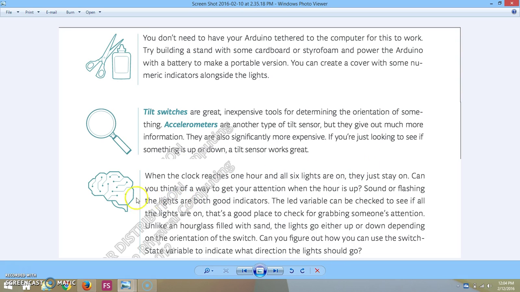The third one, sorry, asks us to find a way where it could get our attention using the 6 LEDs, either by turning them on in a different pattern. So instead of going backwards, they go forwards, or instead of forwards, they go backwards. It gives us a sound or flashing, which are good indicators, but we didn't go into too much detail on the sound or the flashing.